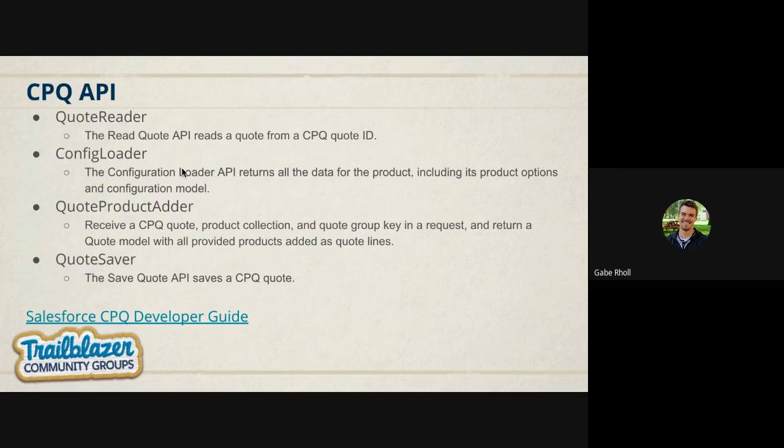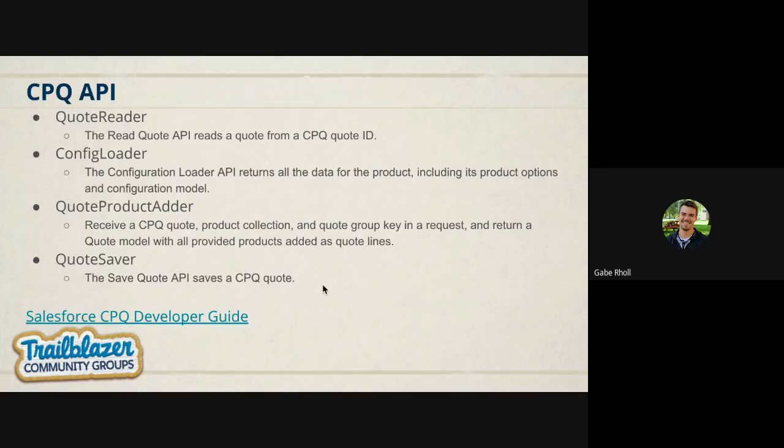We're going to show the product adder endpoint, which basically merges those two previous, the quote reader and the config loader together. If you think about it from the edit lines interface of CPQ, you already have a quote created, you're adding a product to it, and then maybe you're configuring that product. The quote product adder represents the step after you're done configuring that product. And then finally, saving basically represents clicking the save button in the edit lines interface.